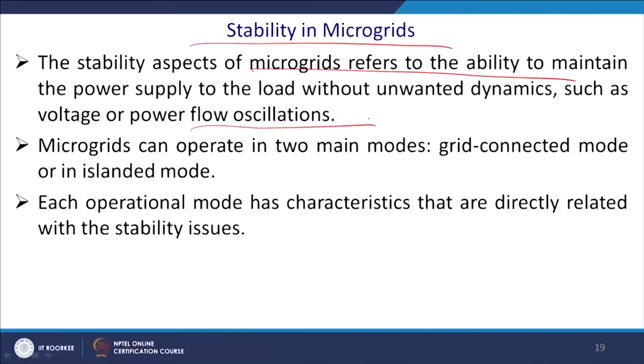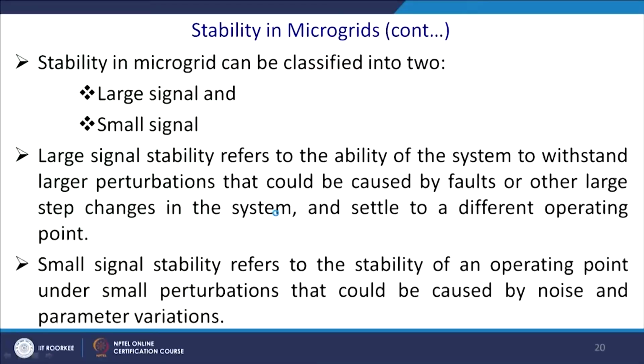And thus microgrid has to operate in a disconnected, islanding mode, and generally we see which mode is preferable, and each operation mode has different characteristics and different stability analysis. Now, we have large signals as well as small signals.